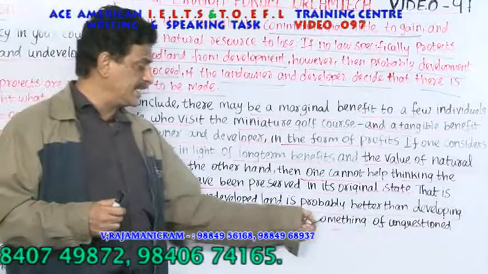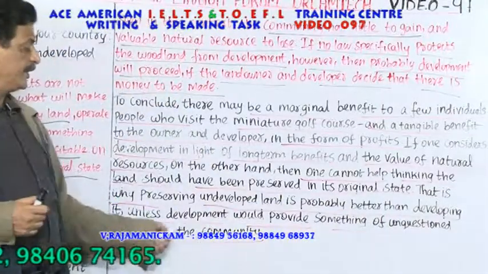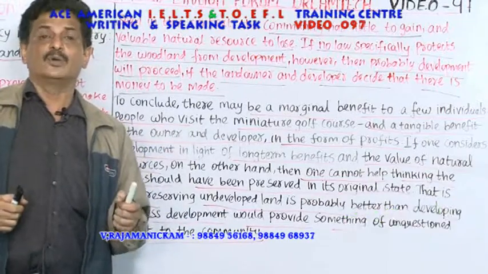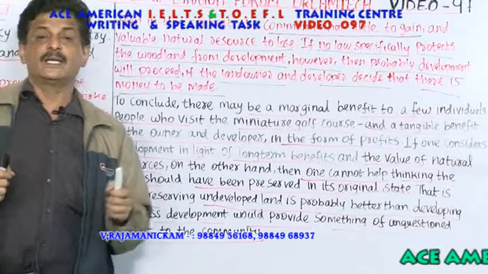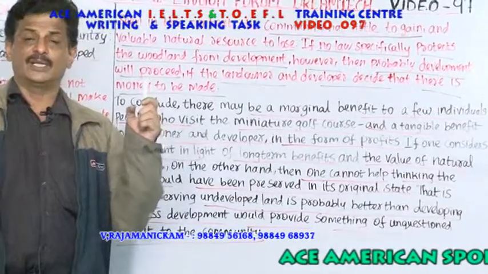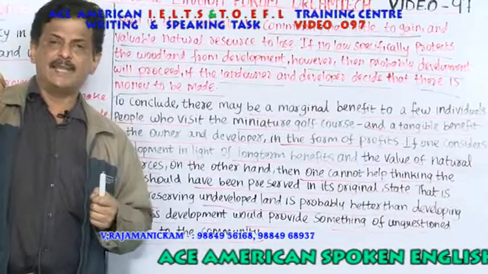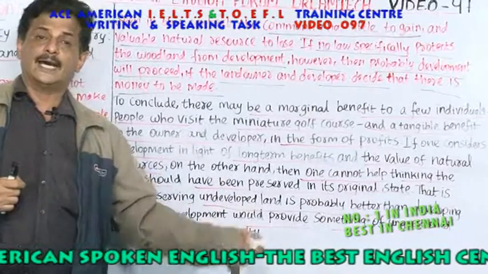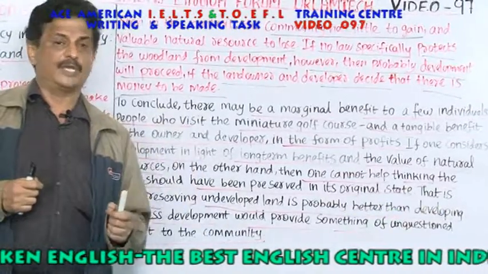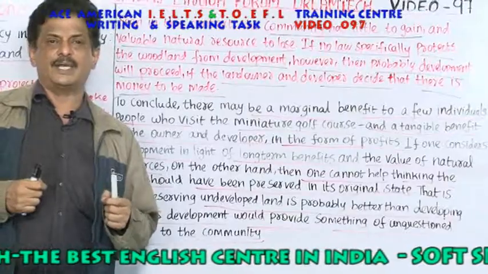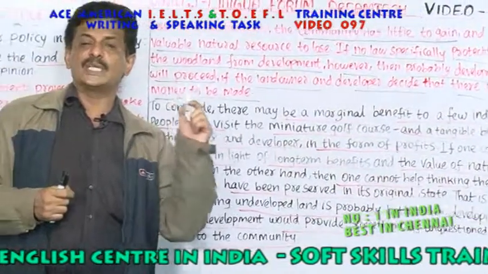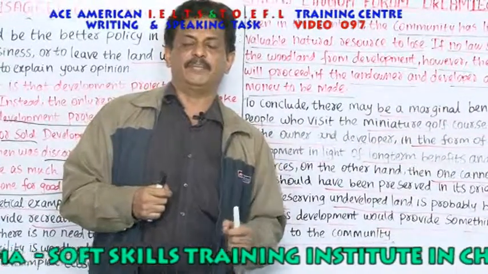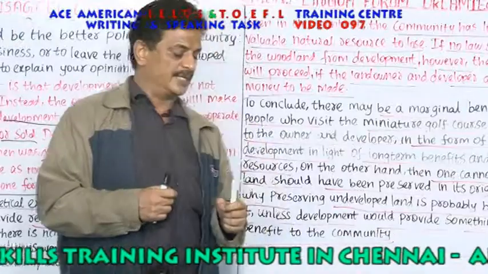Unless development would provide something of unquestioned benefit to the community, சமுதாயத்திற்கு ஒட்டுமொத்தமாக மிகப்பெரிய பலனளிக்கக்கூடிய, ஒரு 5000 பேர்களுக்கு வேலை கிடைக்கக்கூடிய, பொதுவாக அந்த ஊரில் இருக்கக்கூடிய அனைத்து மக்களுக்கும் நல்ல பலனுள்ள ஒரு தொழிற்சாலை வந்தால் அதற்கு தகுந்தபடி அந்த இடத்தை பயன்படுத்தி கொள்ளலாம். ஆனால் சுற்றுப்புற சூழ்நிலையை அழிக்கக்கூடிய, ஒரு சில பேர்களுக்கு மட்டும் லாபம் தரக்கூடிய ஒரு திட்டம் என்றால் அந்த திட்டம் கைவிடப்பட வேண்டும், அந்த நிலம் அப்படியே இருக்க வேண்டும் என்று சொல்கிறார் இந்த எழுத்தாளர்.